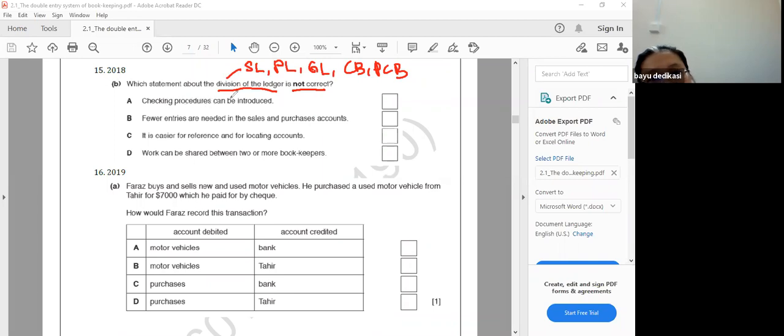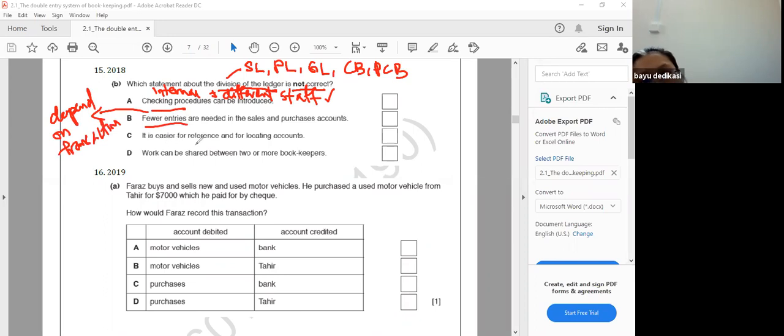Checking procedure can be introduced. Checking means that it's more toward internal control because it is handled by different staff. So this one can be performed. Few entries are needed in the sales and purchases account. Not necessarily, depends on transaction.